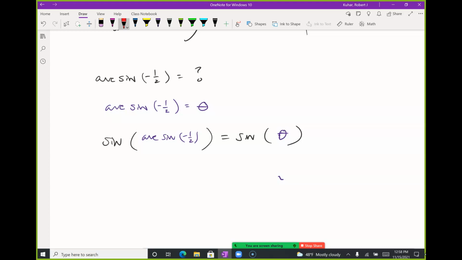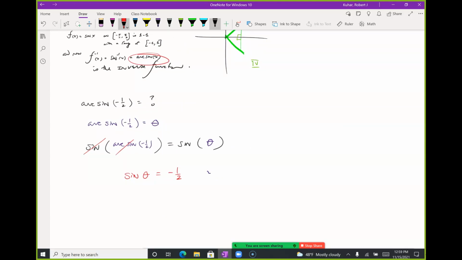Inverse. They're inverse, so they cancel each other. So now I get to think in terms of trigs. I don't think in terms of inverse trigs. I think in terms of trigs. Because now I'm back in chapter 6 and it's easy. What's my reference angle?